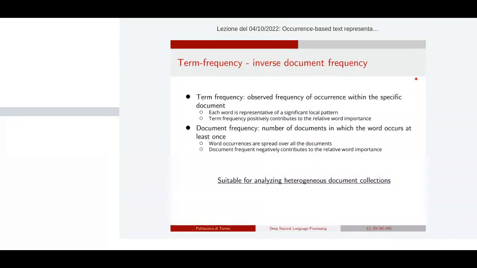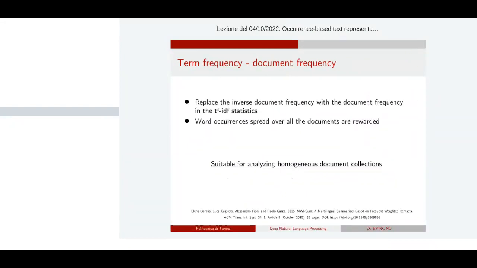Because otherwise, if it is all pretty much the same, you will come into a different scenario where TF-IDF is probably not suitable for representing your data. We have, of course, alternative options.